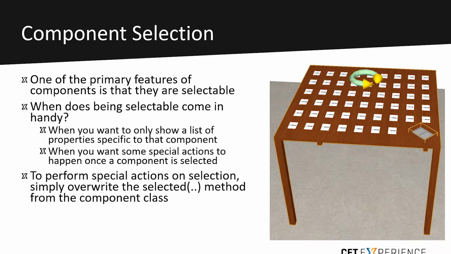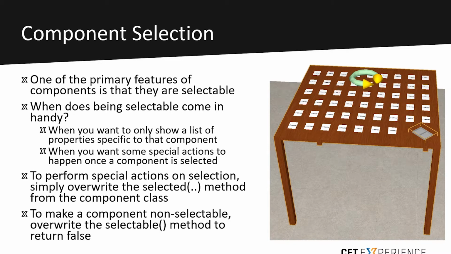So if you want to perform your own special actions on selection, all you have to do is overwrite the selected method from the component class and put whatever custom code you want in there.